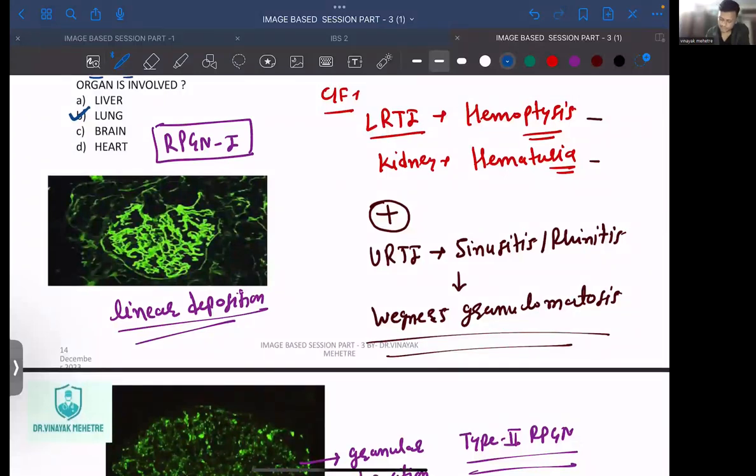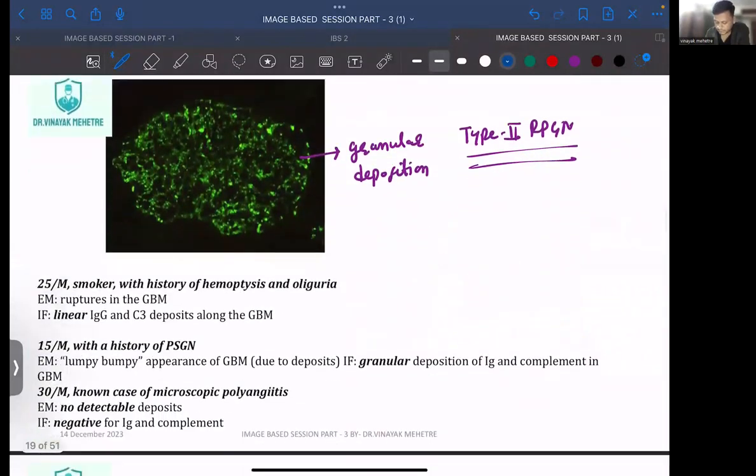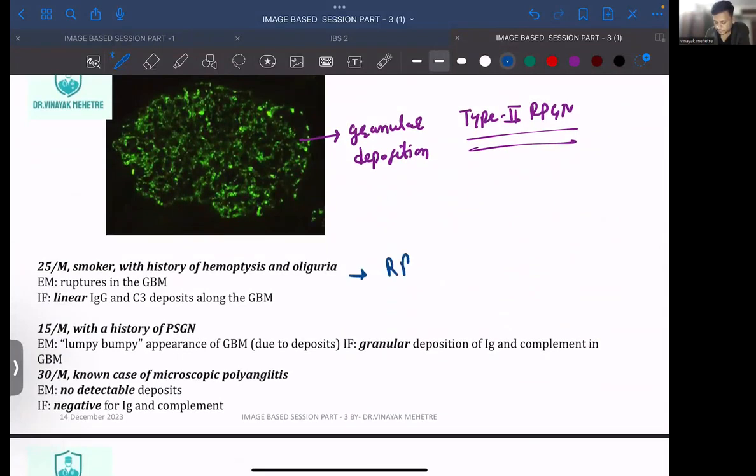So if such a question comes directly, the answer will be RPGN type 1. Second, look at granular deposits. That one was linear. Now we have this one, so it is called RPGN type 2, correct?